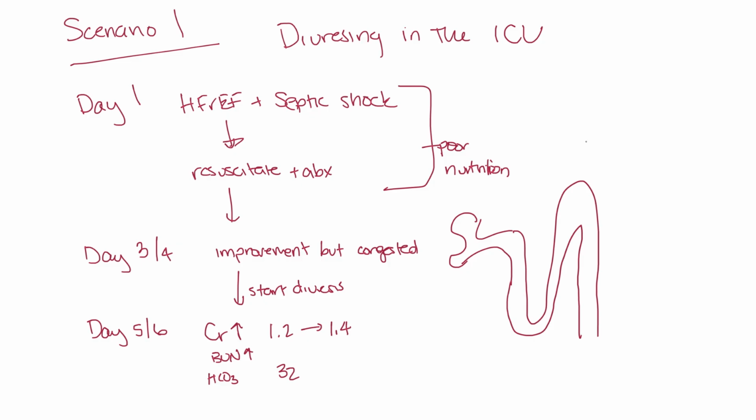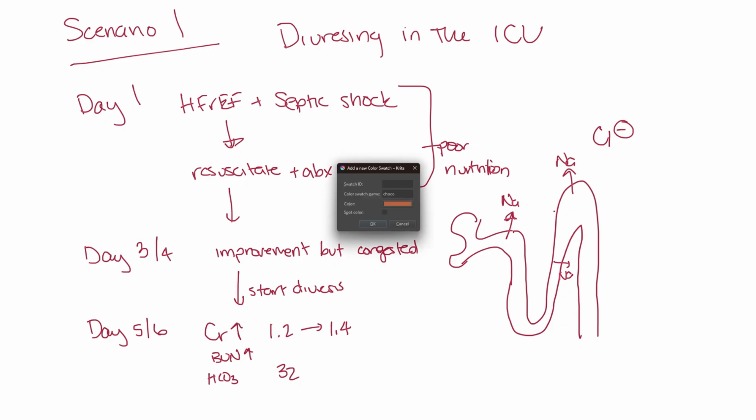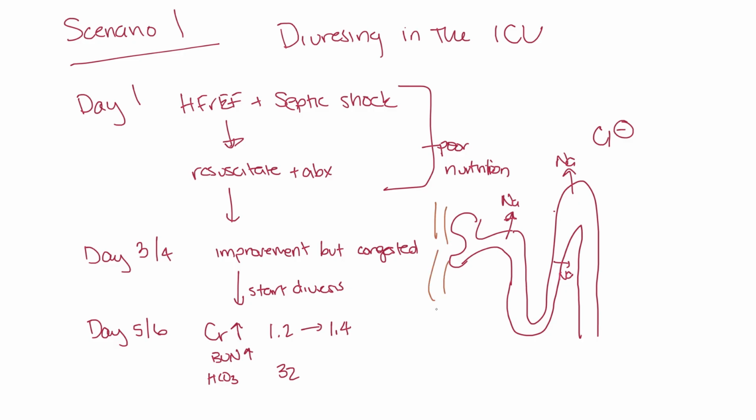What's happened is they're in a chloride deficient state, and that chloride deficient state is leading to sodium absorption in all the places, particularly through the RAS and neurohormonal methods. And so you're experiencing decreased blood flow, and by decreased blood flow, because of the constriction, you're seeing that the creatinine and BUN are going up.